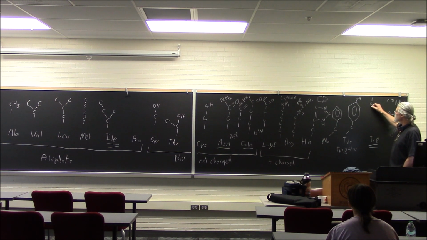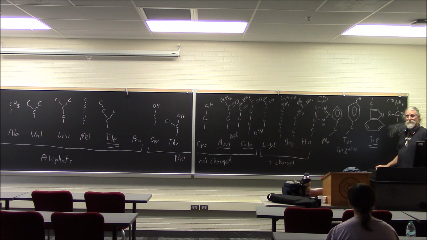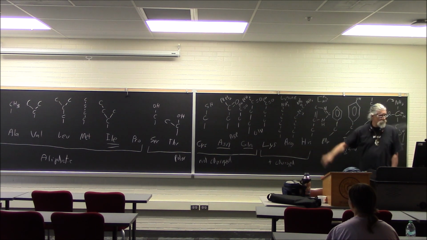So there is a C there. And then it is a 5-member ring. And then it is basically a benzene ring. And I'm going to draw it like that and that and that. And I think that's an N. Let me check on those two.